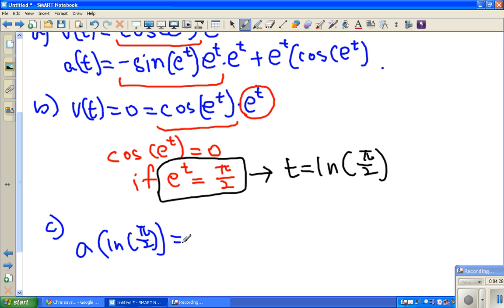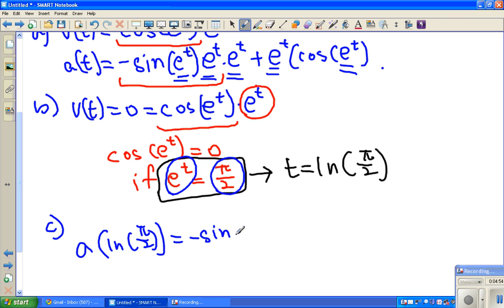This looks somewhat complicated to plug in, but since e to the t power is equal to pi over 2, we can apply that right here, right here, right here, here, and here. Then we end up getting something like this.